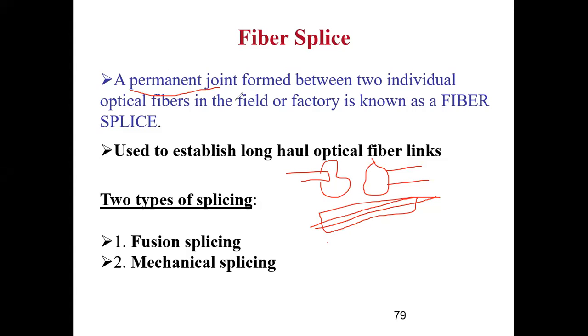With a connector, I can connect a coupler, I can do many things with that particular signal. But when I'm making a permanent joint, it is a continuous thing. I'm just relaying the signal from one end through the splice to the other end. That's why we call it a permanent joint. But when I talk about the connector, I can have only one connector, it is not necessary that I have a second connector.